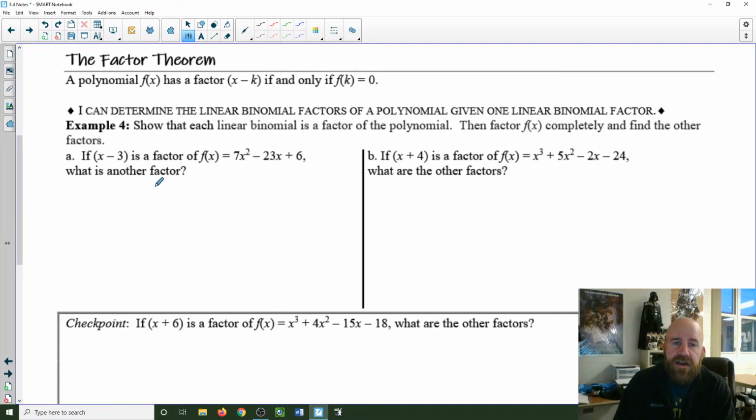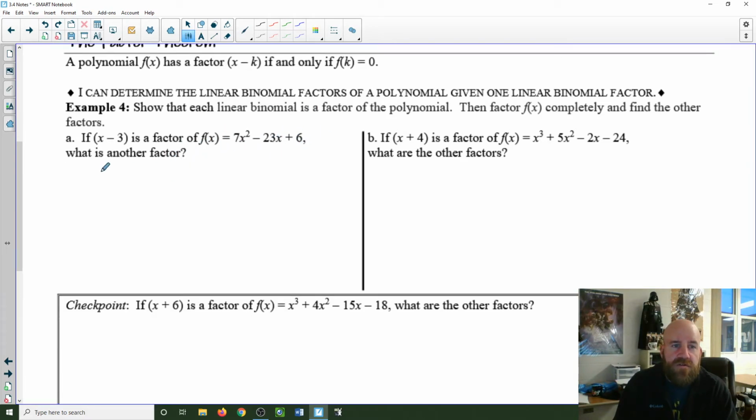So we're going to use that and continue on after that. So if x minus 3 is a factor of this function, what is another factor? So what we're doing is dividing to see if we can figure out what the other factors are. You could do long division, you could do synthetic division, whatever you choose. I'm going to just do synthetic just to speed it up a little bit.